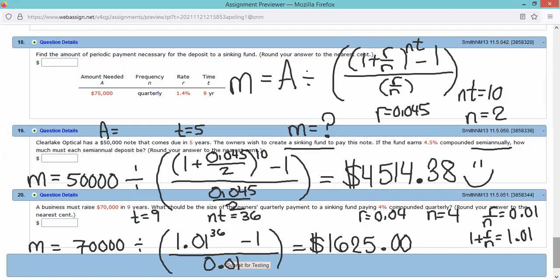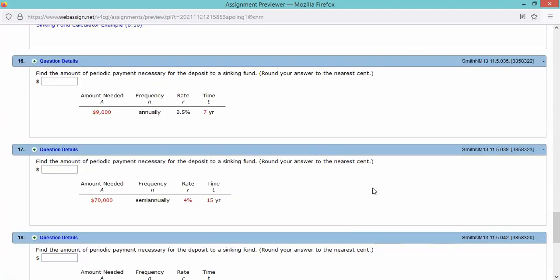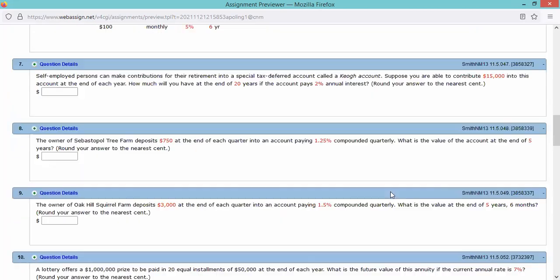This is a difficult chapter, mostly because of the formulas. It's really an act of getting your calculator work right. In the first questions, we solved for A, and in the second group of questions, we solved for M, right?